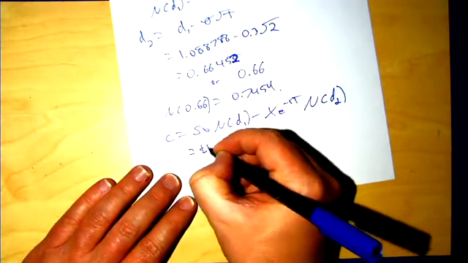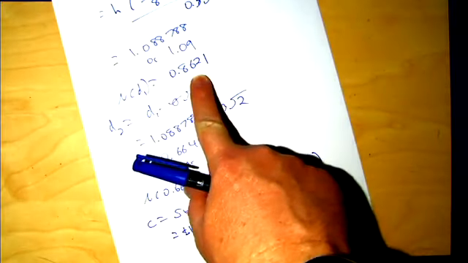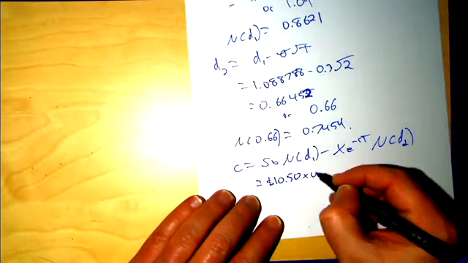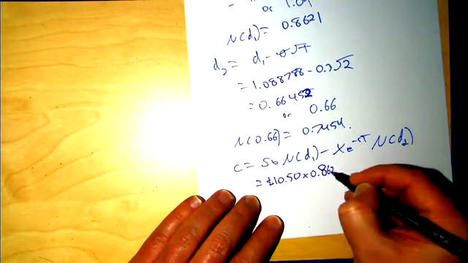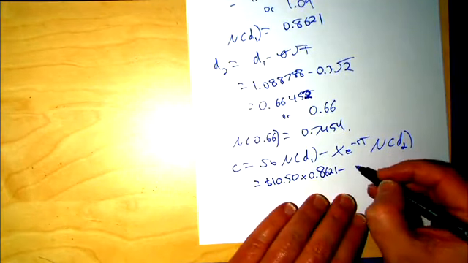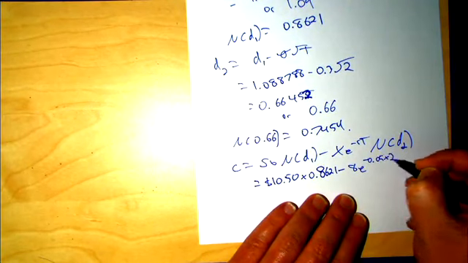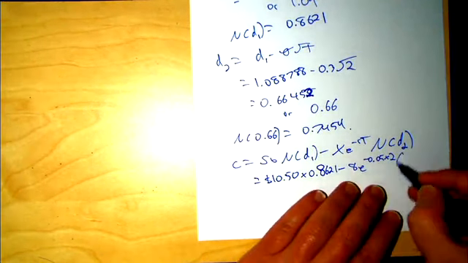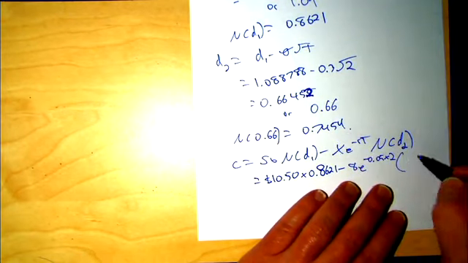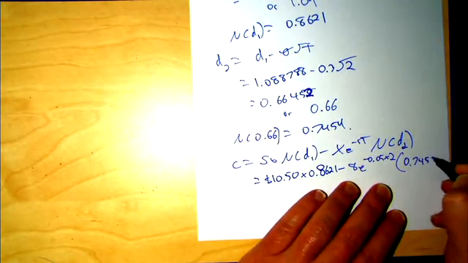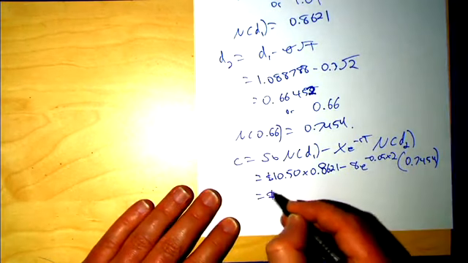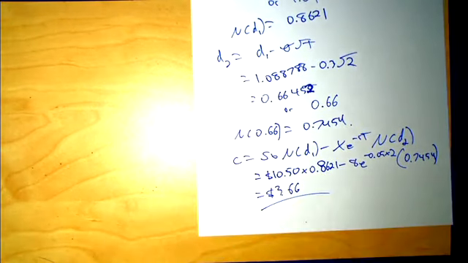So that gives me current stock price of $10.50 multiplied by 0.8621 minus X, 8, times e to the power of negative 5% times the life of the option, 2 years, times N(D2), which is 0.7454, which gives me the cost of the option being $3.66.